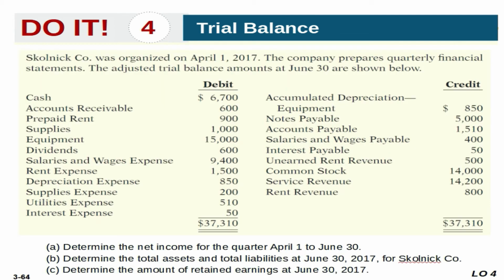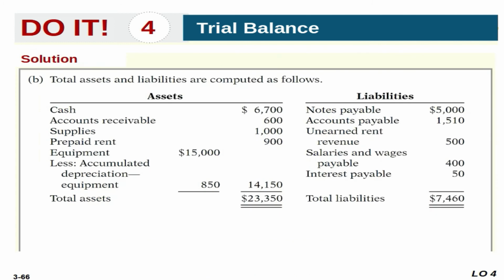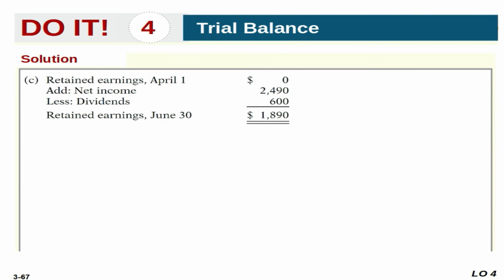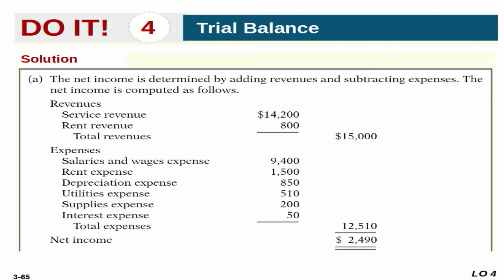Then you go back to that adjusted trial balance and see if you have a retained earnings amount. Do we have retained earnings on that adjusted trial balance? We do not. So what that tells me is that when we go to prepare the retained earnings statement, we're going to have 0 for beginning retained earnings. Then we add our net income, which we calculated here.